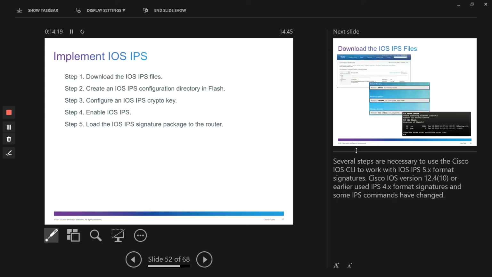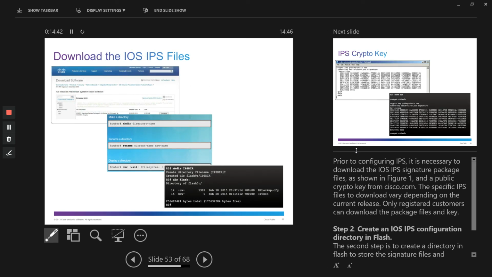There are five steps that we have to perform. The first one is to download the IOS IPS file, then create the IOS IPS configuration directory in Flash, and configure the IOS IPS crypto key, enable IOS IPS, and load the IOS IPS signature package to the router. Now we're going to look at each of these points one by one.